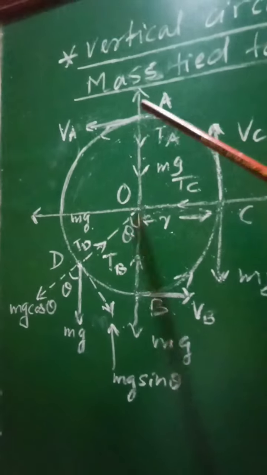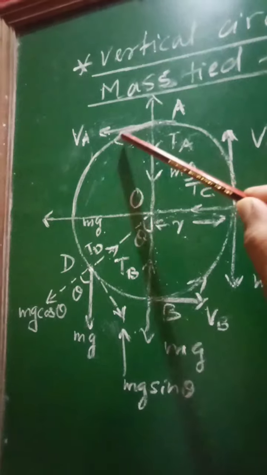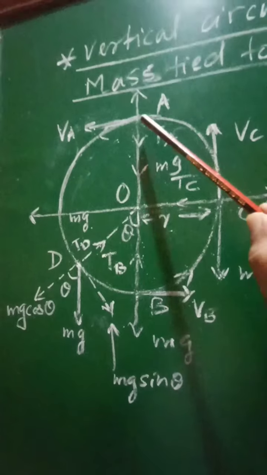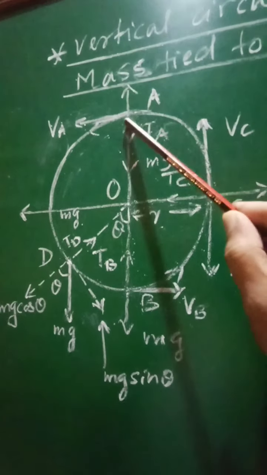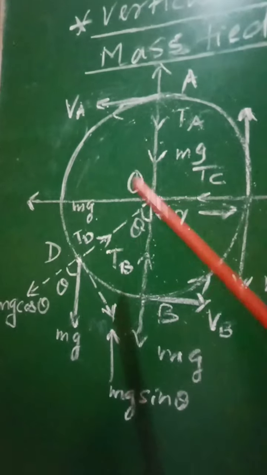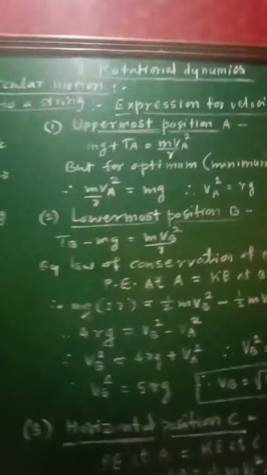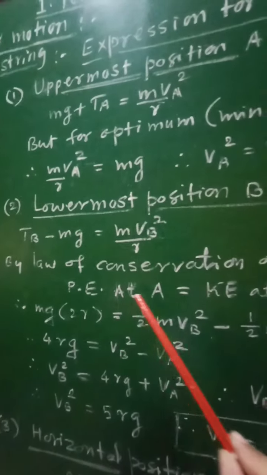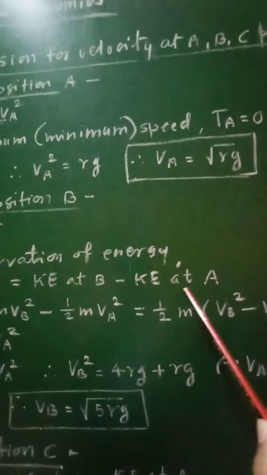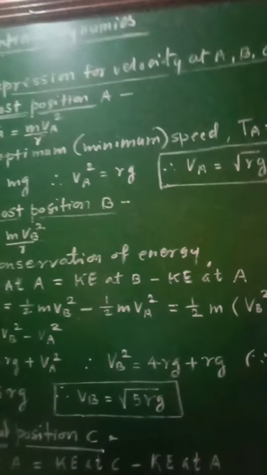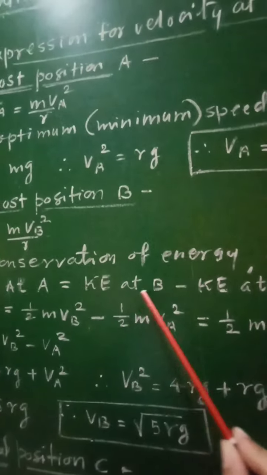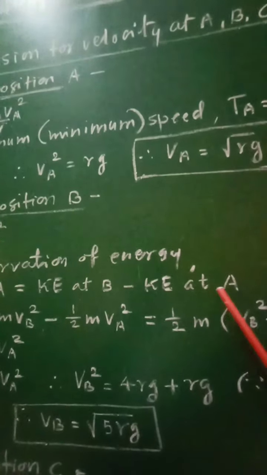At that time, the part of its potential energy will get converted into kinetic energy, and therefore that potential energy at point A must be equal to the difference between the kinetic energies of point B and of point A. As that particle comes down, its velocity goes on increasing, and therefore kinetic energy at point B will be greater than kinetic energy at point A.